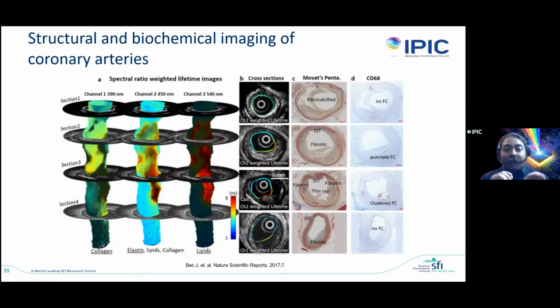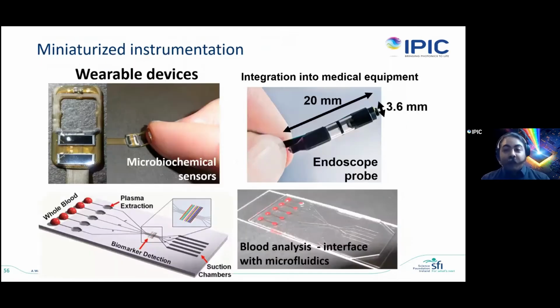With a very tiny sensor, we could even have detection in real time, detecting diseases in very small structures. For this, we obviously need miniaturized instruments, and a set of miniaturized instruments has already been developed. We do a lot of this already in IPIC and Tyndall.